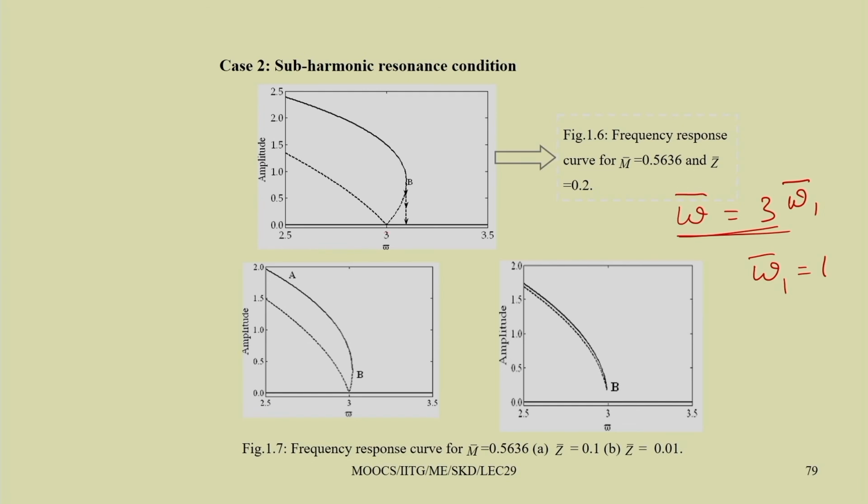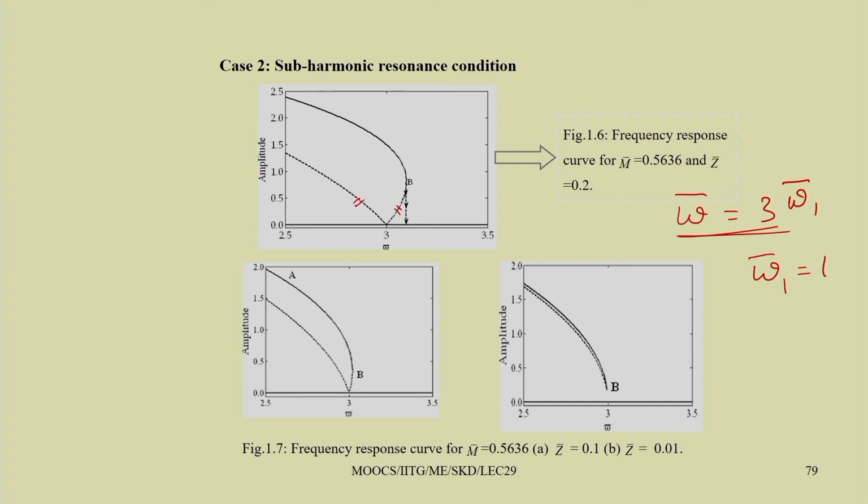So, this unstable branch and this unstable branch meet at this point, and we have this curve here. You clearly have a saddle node bifurcation point, with change in the z value. For example, by increasing z or decreasing z, here we have decreased the z value.